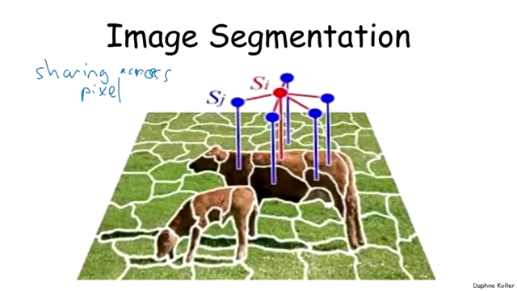So, for example, the model here that relates the class label of a superpixel to the image features of that superpixel is generally going to be shared, as are the parameters that involve adjacent superpixels. So these edge potentials are also going to be shared across, in this case, pairs of superpixels.